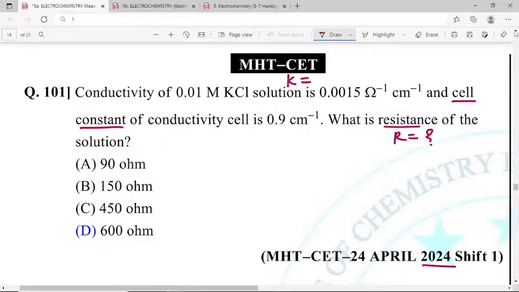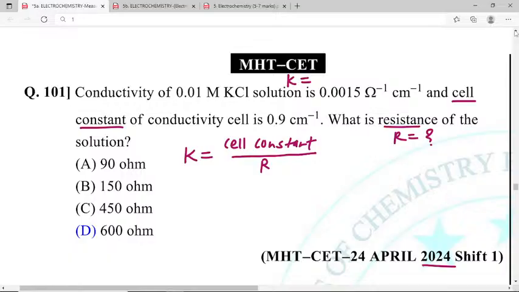Conductivity is equal to cell constant divided by resistance. So resistance is equal to cell constant divided by conductivity. Substitute the value, we will get the answer.